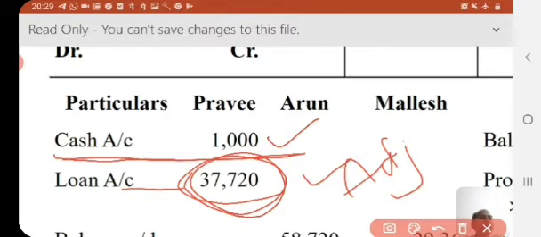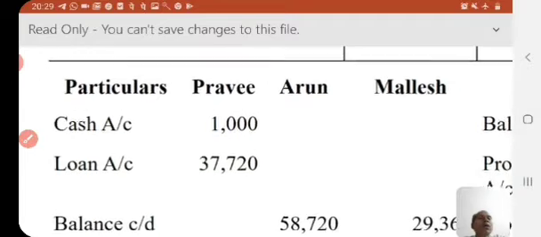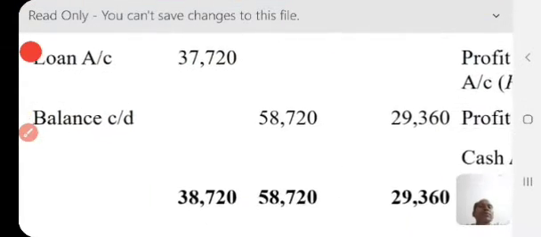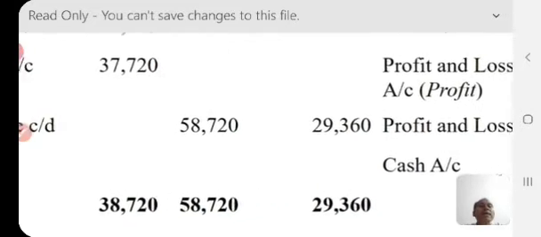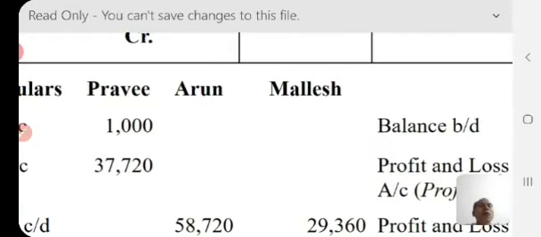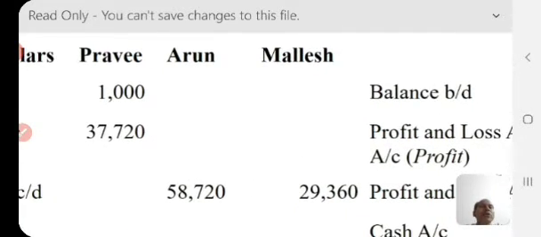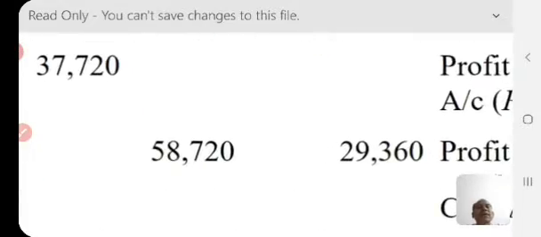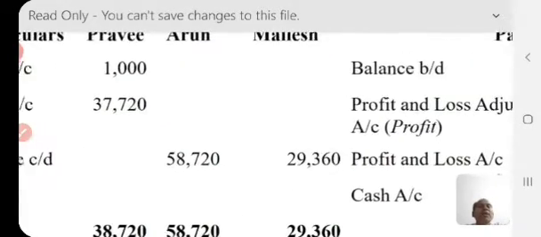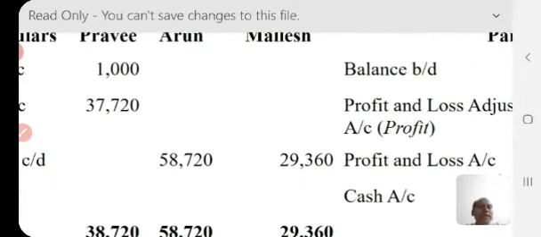Okay, clear? Now shall we move further. Balances of Arun and Mallesh are 58,720 and 29,360.